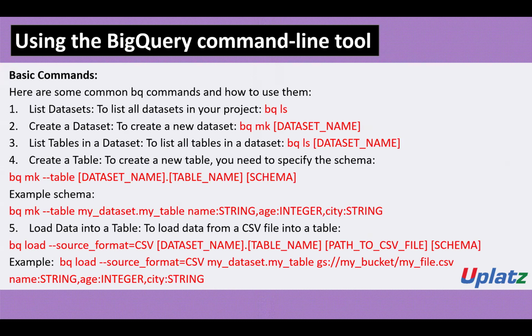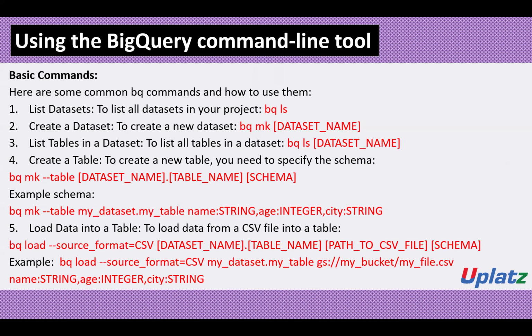In order to create a new dataset, you can make use of the command bq mk and then supply the dataset name. To list all the tables present in a dataset, you can make use of bq ls dataset name. Supply the dataset name for which you want to see the list of tables.